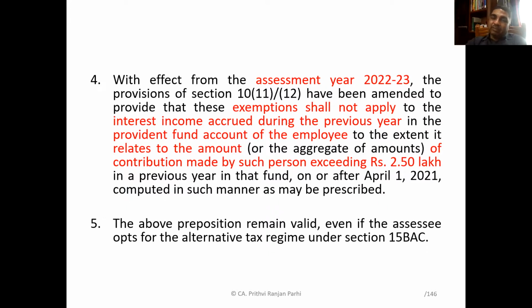Suppose the employee has contributed 3 lakh rupees and he has earned some interest. The amount exceeding 2,50,000 rupees is 50,000 rupees, 3 lakh minus 2,50,000. On that 50,000 rupees, whatever interest is earned, that will not be exempted. Is it clear to you?